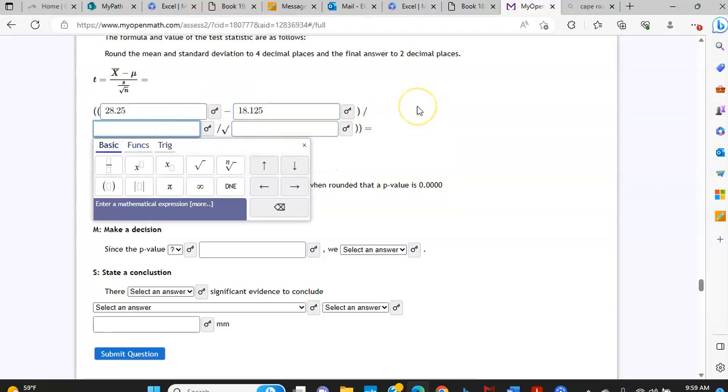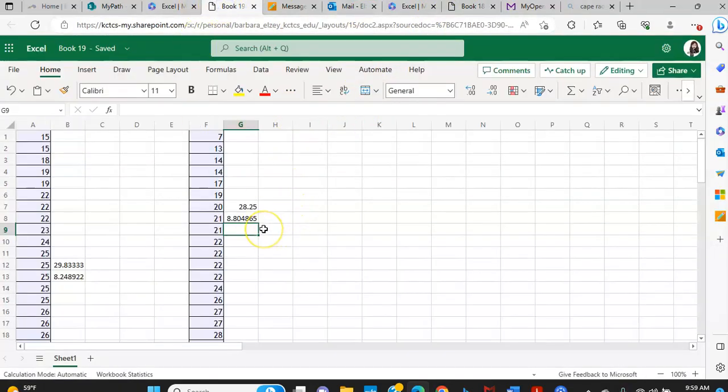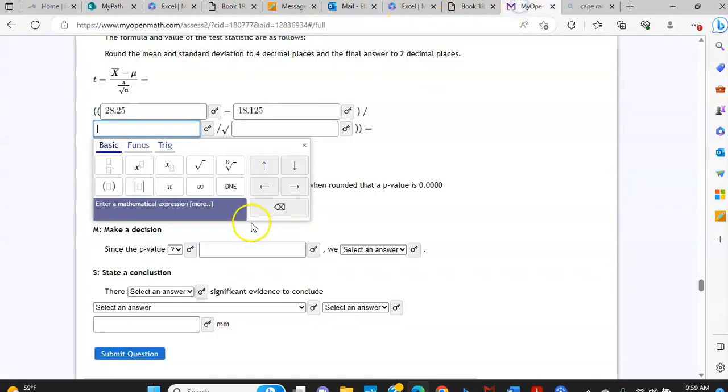And then we need our standard deviation, which let me look back at what it was. Oh, wrong one. Right here, 8.8045. I could probably paste it, but just in case, I'm just going to write it down, because sometimes pasting things into my open math just doesn't work.